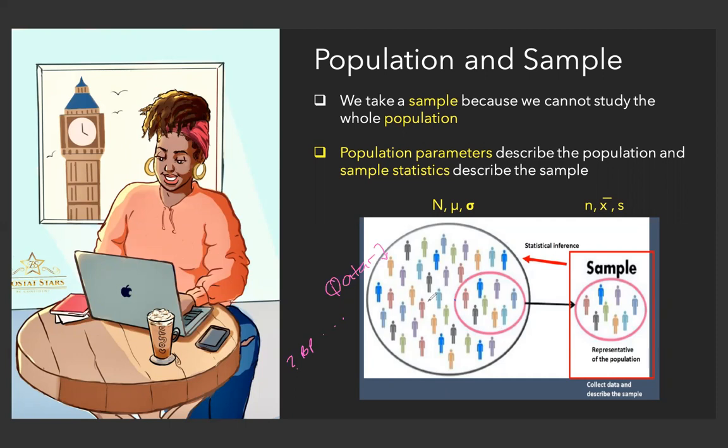This is a good question to have, and this is good research to do, but it's not really easy to do research on whole populations at a time. Why? Just think about it practically. For example, in the state of Qatar, the whole population might be around 3 million people.